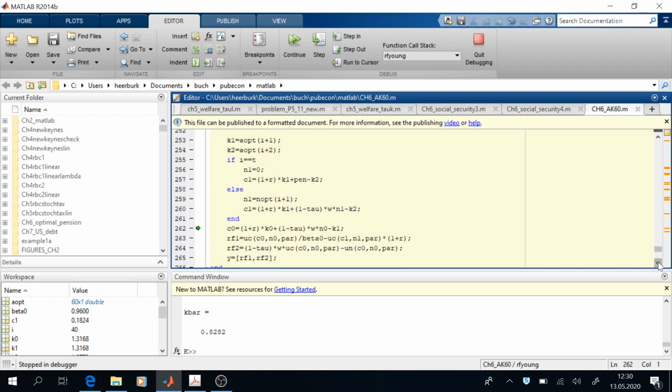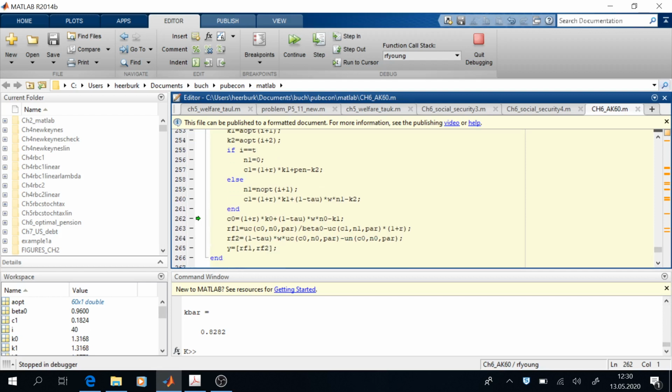And then it's straightforward to compute consumption C0 at age 40 in the present period, which of course is interest income on present wealth, net income from working, minus savings next year, the next period wealth level.